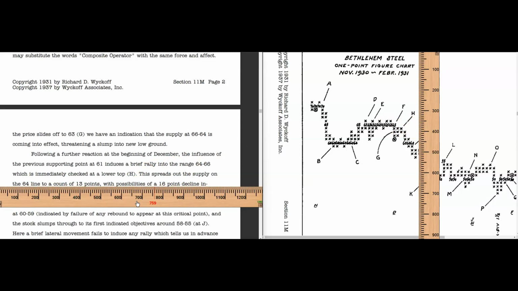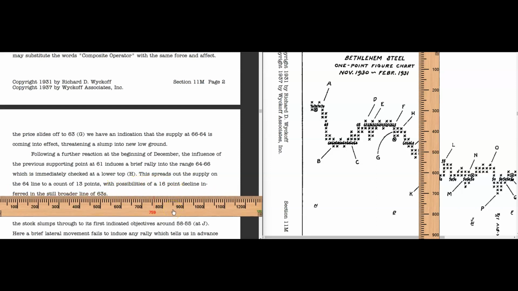This spreads out the supply on the 64 line with a possibility of a 16-point decline, 16-point inferred in the still broader line of 63s.